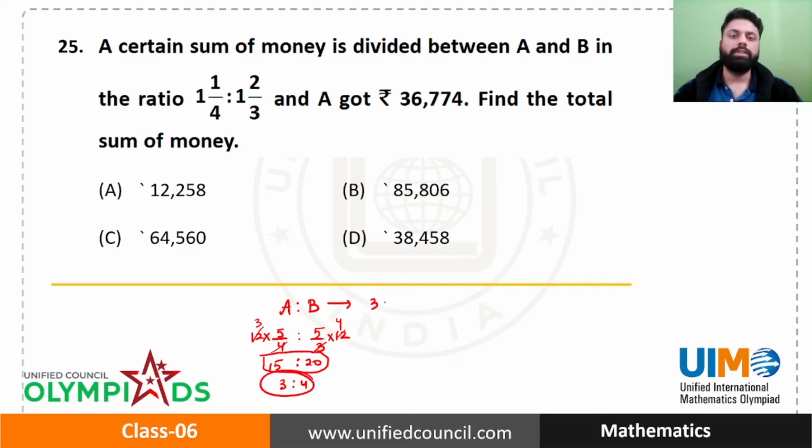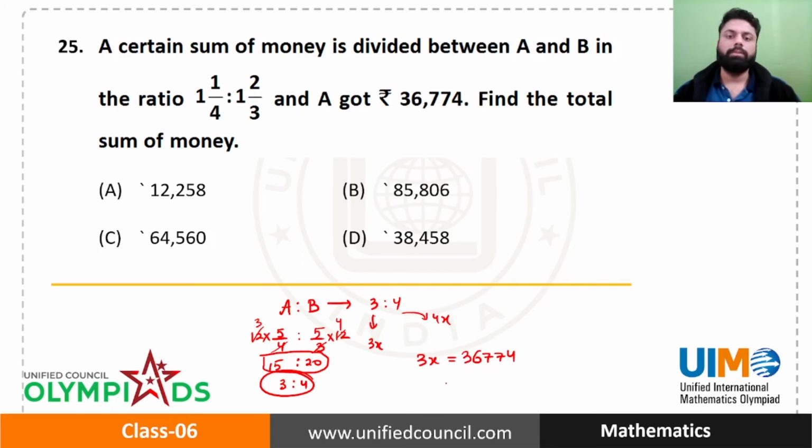So the ratio is 3 is to 4. A got this much, so let's say 3x and this is 4x. 3x is equal to 36,774. Find the total sum.